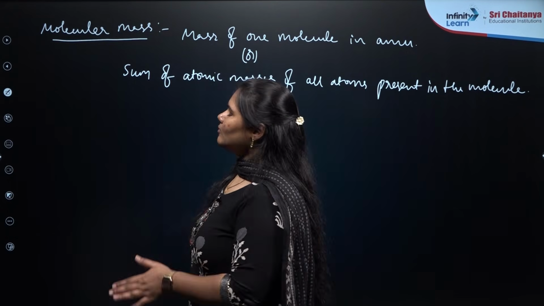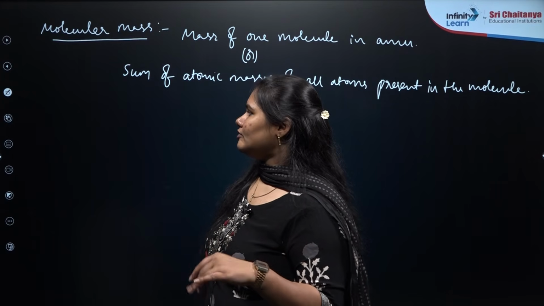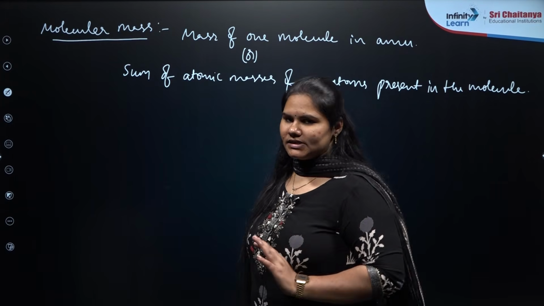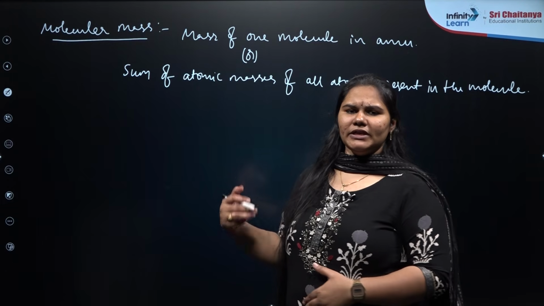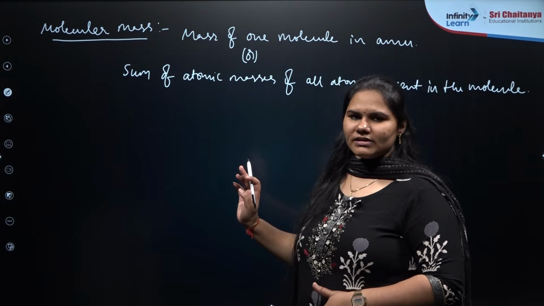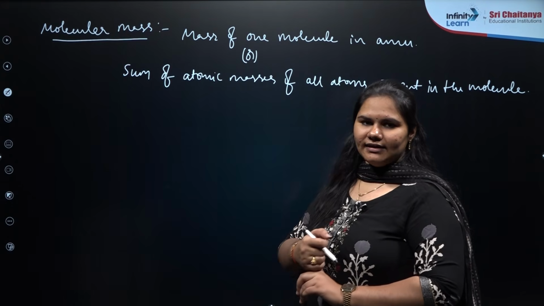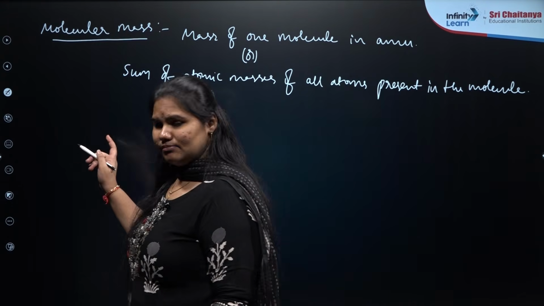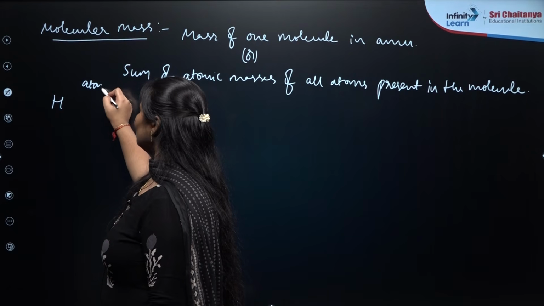So before starting molecular mass, let me give you the elements which are important, which will be useful in the first chapter itself. Because as the chapters go on in the periodic table itself, you will be learning a lot of elements and their atomic masses. But for now, it is very important to learn at least 30 elements and their masses. I will write down the symbols directly. So hydrogen, here I will write atomic mass.